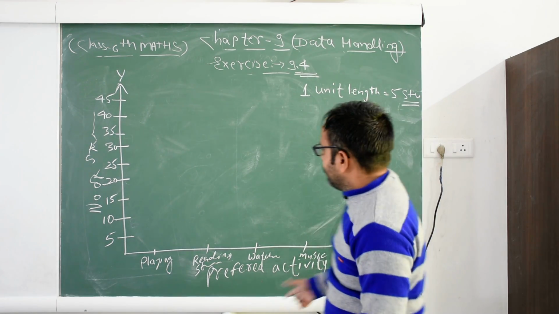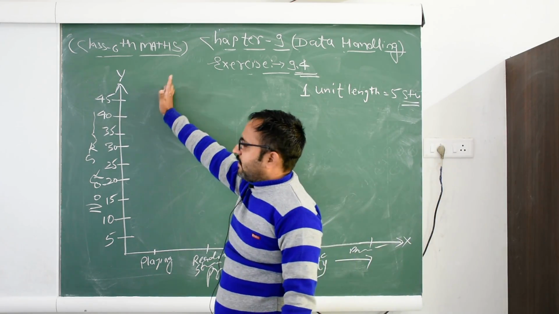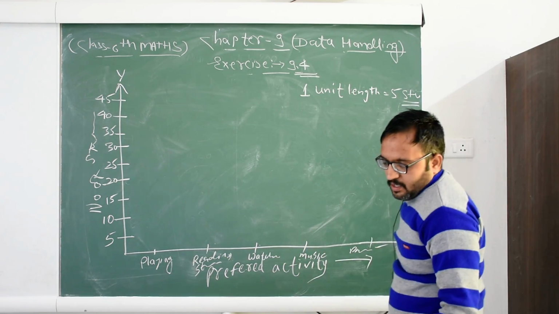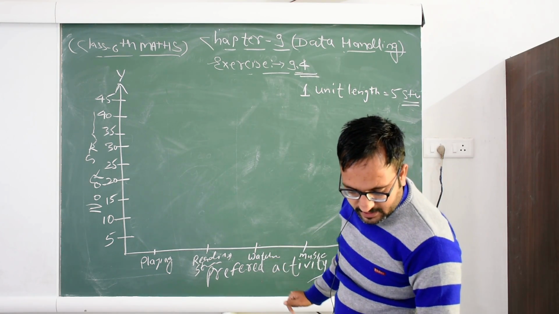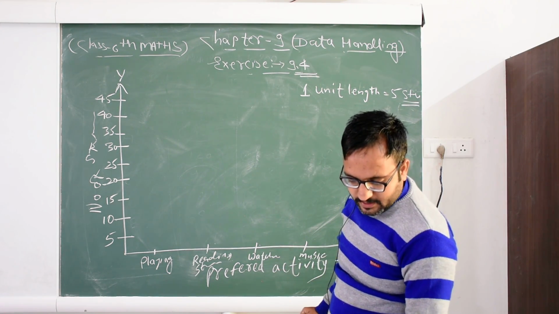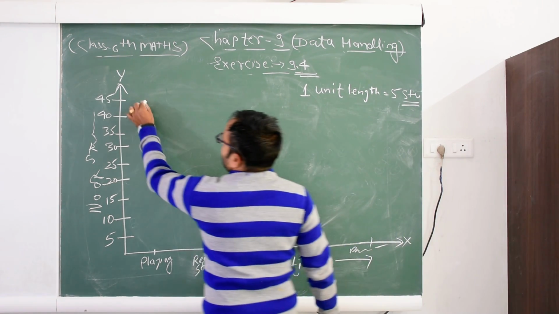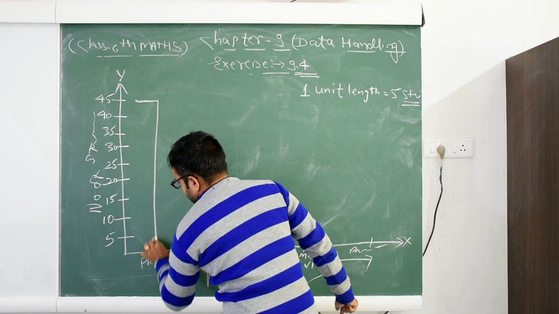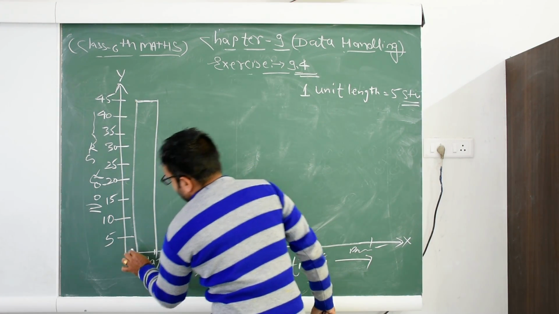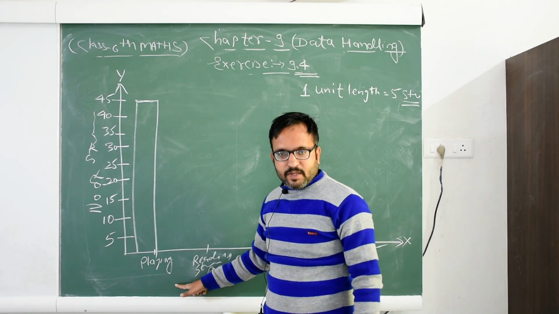Now we draw the different bars. Your first activity, playing, has number of students 45. So 45 students. This is the bar for playing.